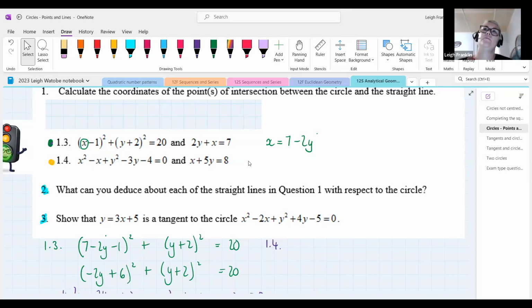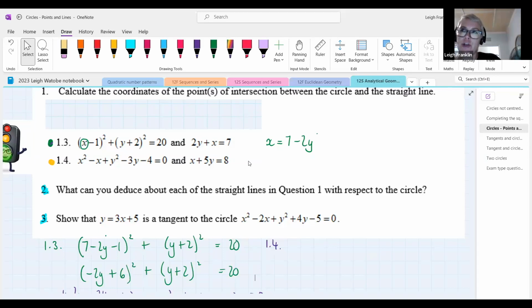Absolutely. They could ask you whether the point lies inside, on, or outside the circle, and they could also ask you a question like this: calculate the point of intersection, and then is it a secant, a tangent, or is there no point of intersection? These sorts of questions would probably be more common in tests.